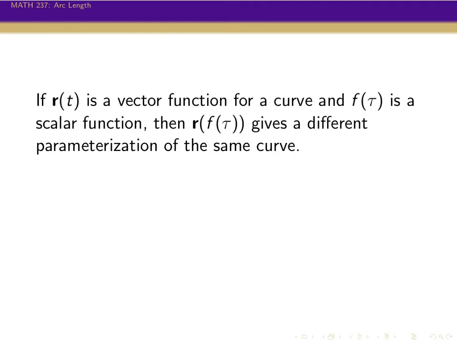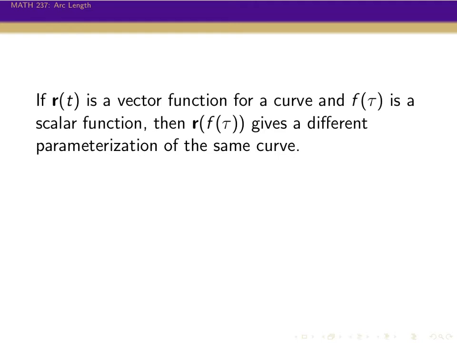Okay, so this is a fact I think we talked about in the last video: if you have a vector function and you take some scalar function, a real valued function, and plug that into the vector function, it's going to draw out the same curve, but at a different speed.